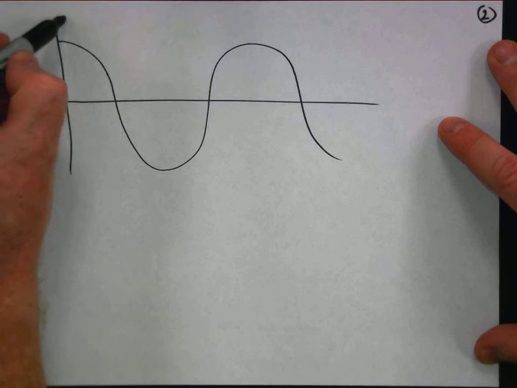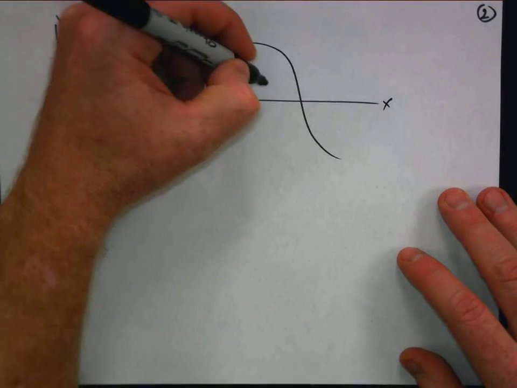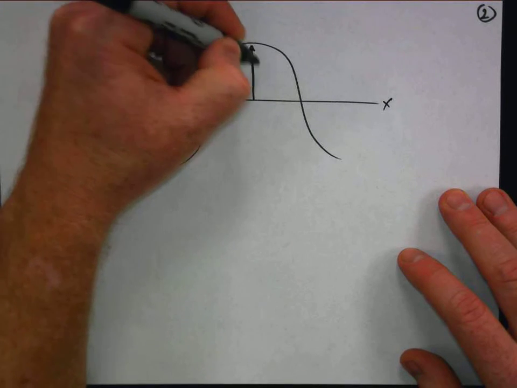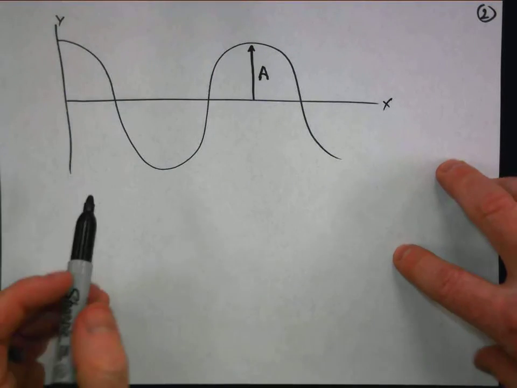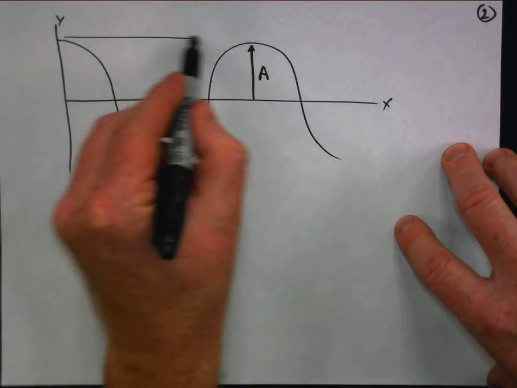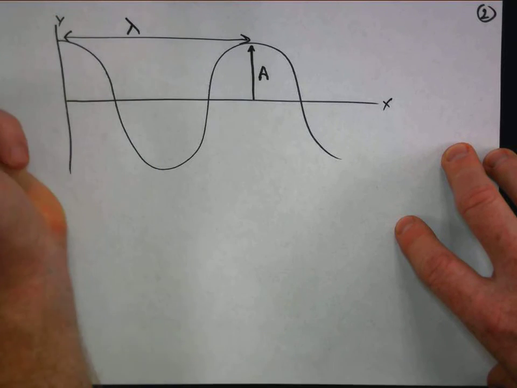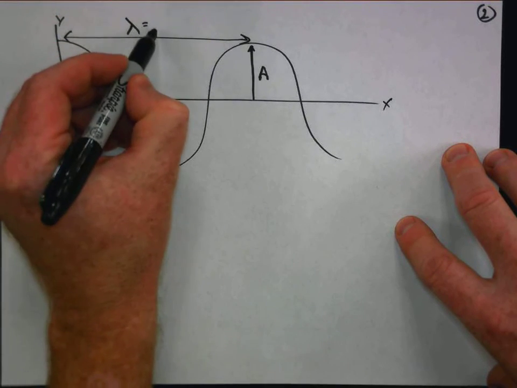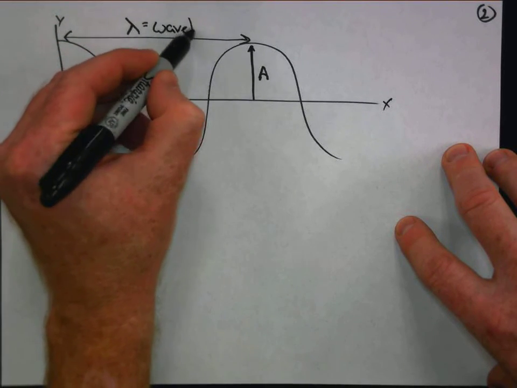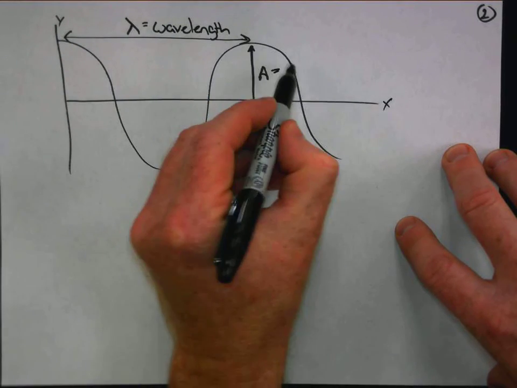So there is an amplitude to a wave, absolutely. There is a wavelength to a wave. There's a certain symbol that we use for wavelength, and it's the Greek letter lambda. So there's your wavelength, and A is amplitude.